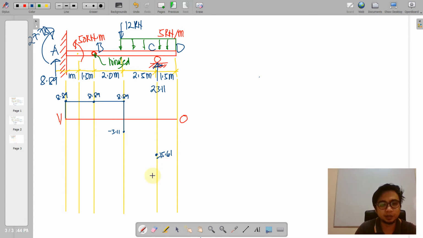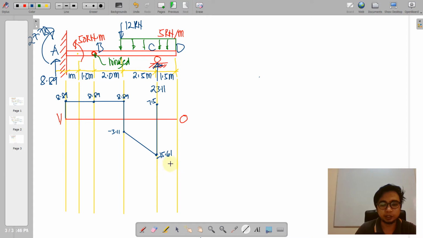Negative 12.5 minus 3.11, we will be having negative 15.61. Okay, so we connect that by a straight line until 23.11 is applied to push this by 23.11 units going up from negative 15.61. So negative 15.61 plus 23.11 will yield a positive value of 7.5.